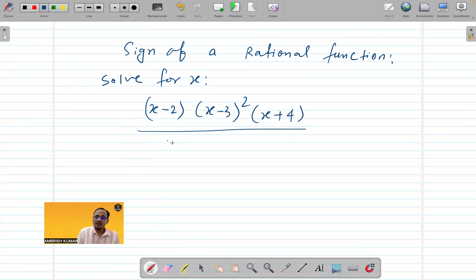In the denominator, we have x minus 5 power 3. Let us say x plus 4 again having power 3 or 5. And then we have x plus 6. Okay. Let us say this has power 4. And this we have to solve for greater than 0.